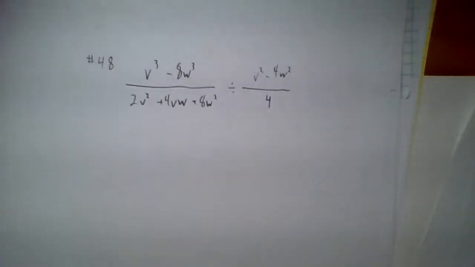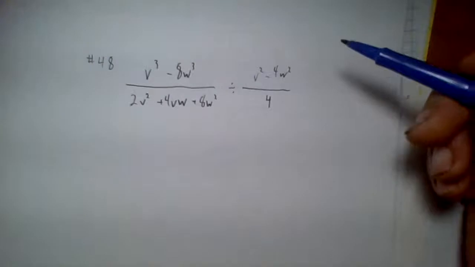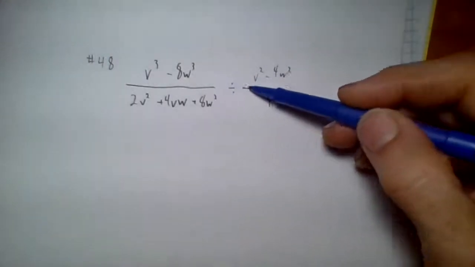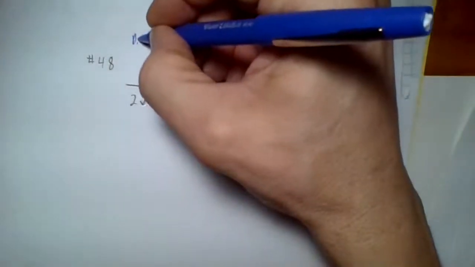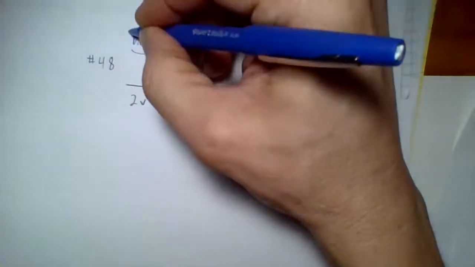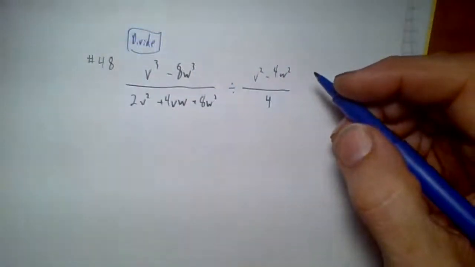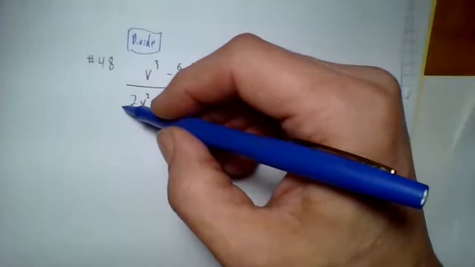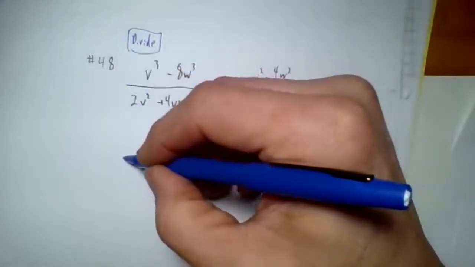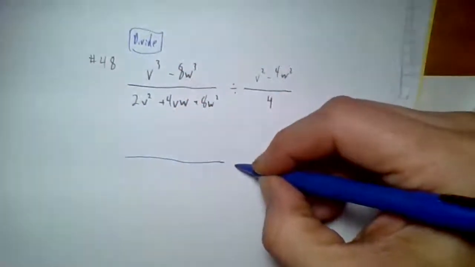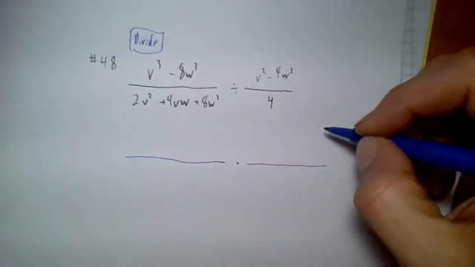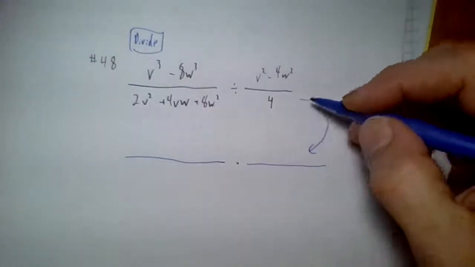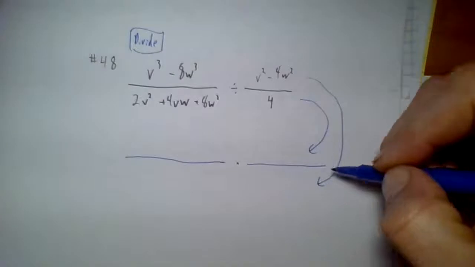I'm trying to emphasize the categories that we're looking at right here. This is a rational expression divided by a rational expression. It's obviously a divide problem, right? That means I want to multiply by everything in factored form. But for the divide things, I like to go ahead and take care of the reciprocal part here also. So the factors of this one are going to get flipped over in the process.